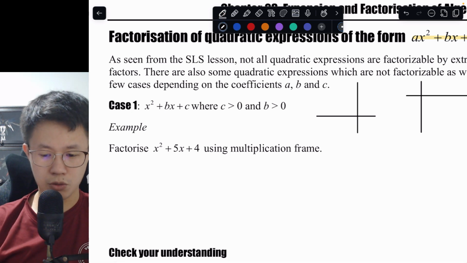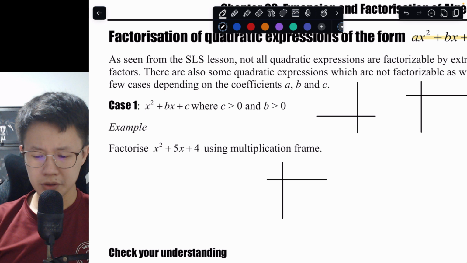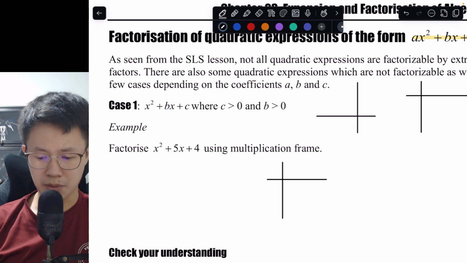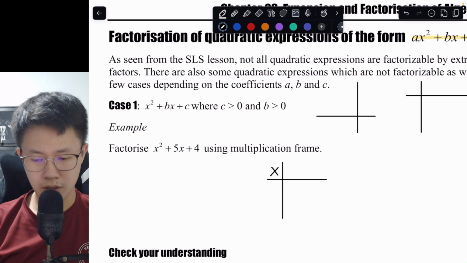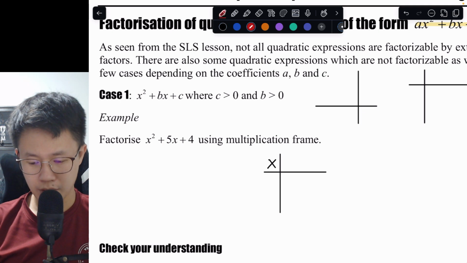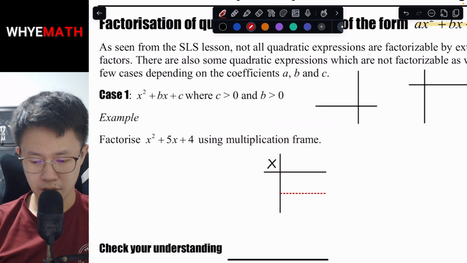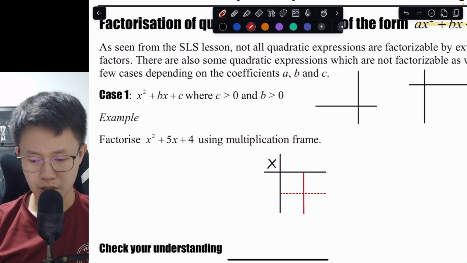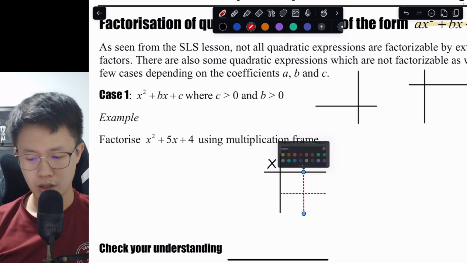If we use the quadratic multiplication frame, you're going to put a times here, and imagine that there are dotted lines over here, and another dotted line. This is where you will place the terms of whatever you need.